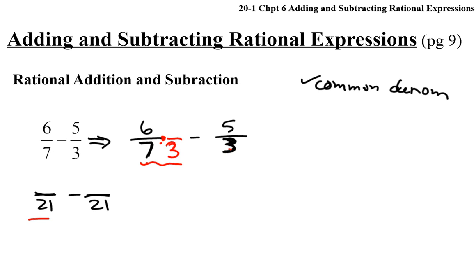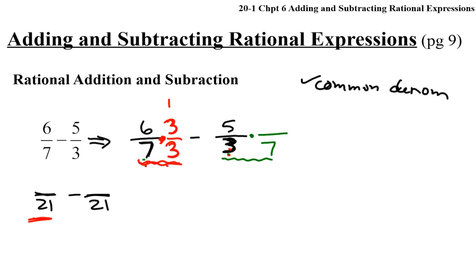But whatever I do to the denominator, I have to do to the numerator. Because really, I'm multiplying here. Because I multiplied by 3, I multiply by 3 over 3, which is 1. 3 over 3, which is 1, doesn't really change the value, but it gives me a denominator that has all the parts. So what do I have to do with my second fraction? Well, this 3 is missing the 7. So I want to multiply by 7.